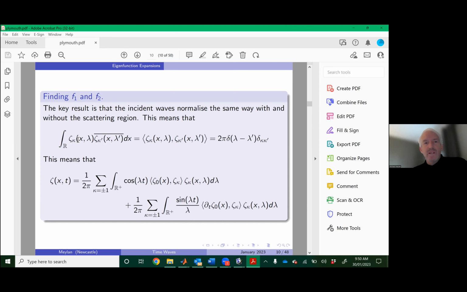You end up with a delta function, this very strange relationship involving a delta function for the Fourier transform. Exactly the same structure appears here. That's why it's called a generalized Fourier transform, essentially. And you even end up with 2 pi here.